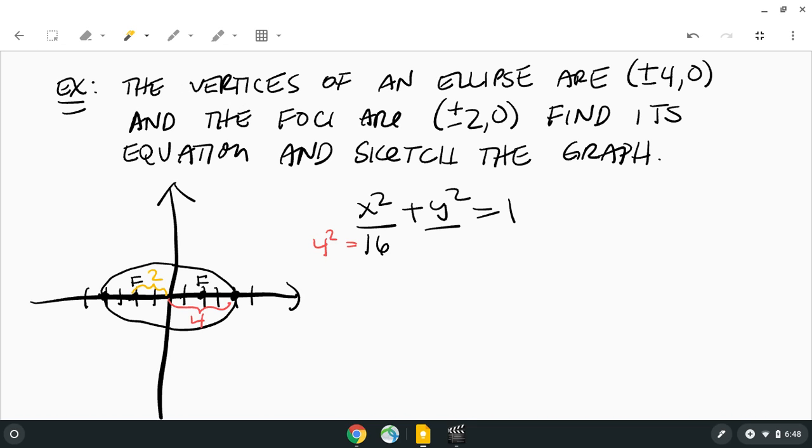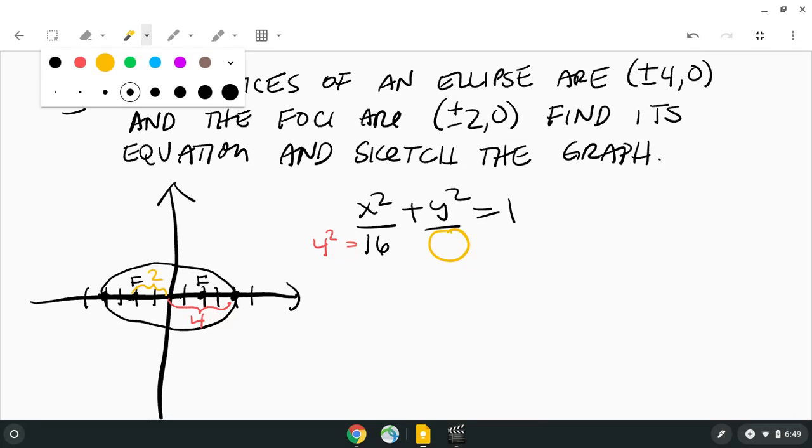Okay. That's my C value. So I don't know this Y value. This one I'm trying to find. I don't know anything about it, but I do know A squared and I do know C squared.